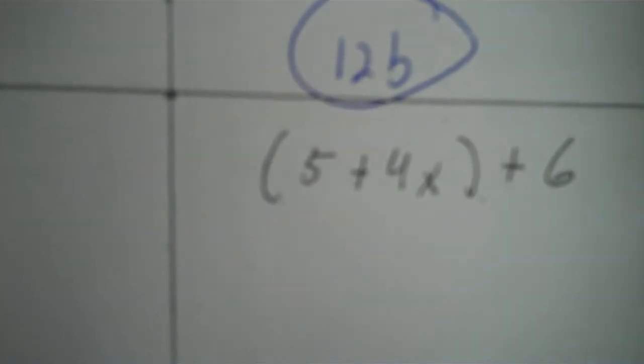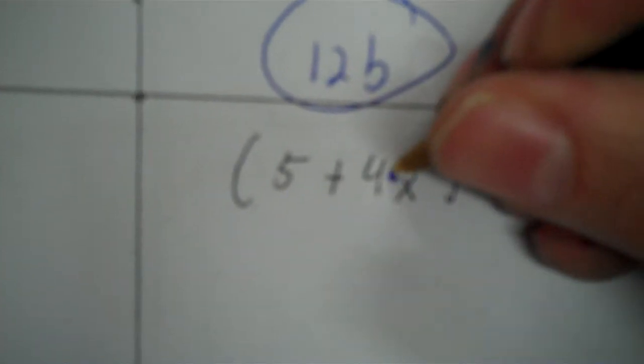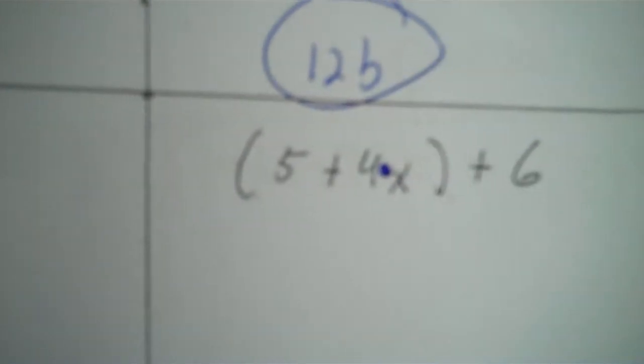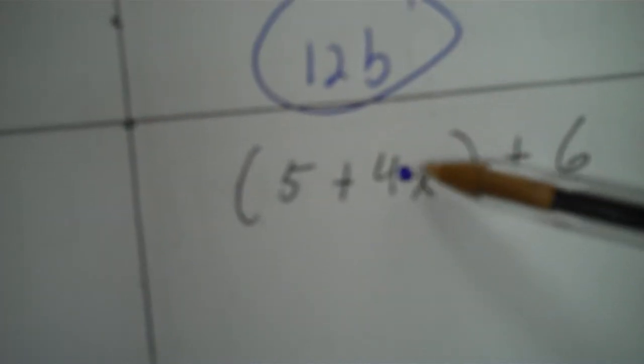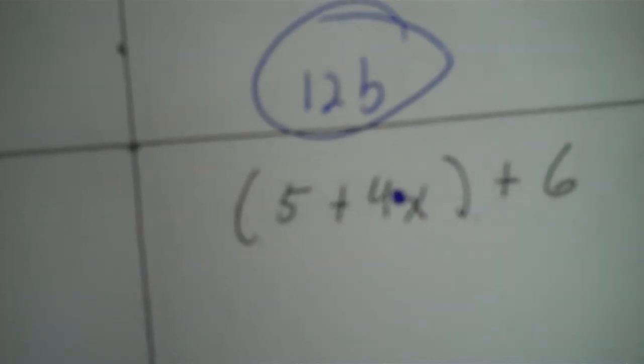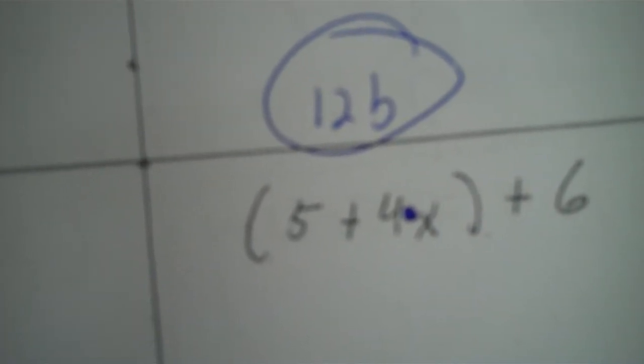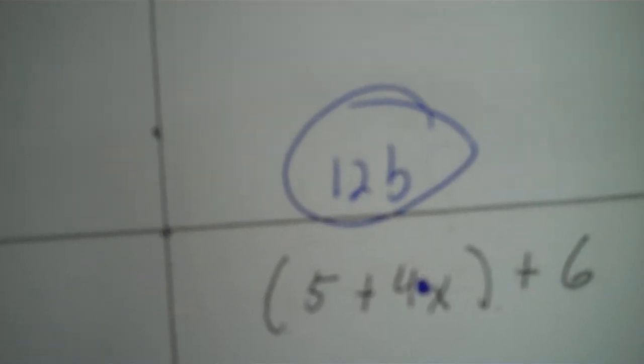Okay, next problem. We have plus, we have times, put in the operators, and then plus, so then you can see what your operations are. You can't figure out the parentheses with the variable inside. Multiplication, the only place I have multiplication is 4 times x. Can't do it. You don't know what x is.